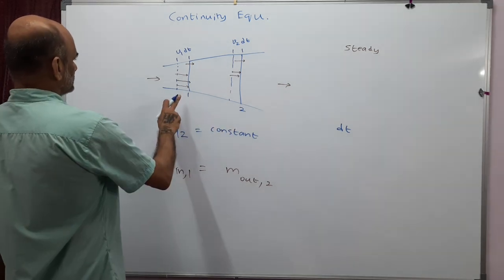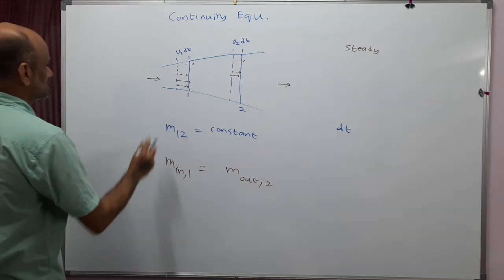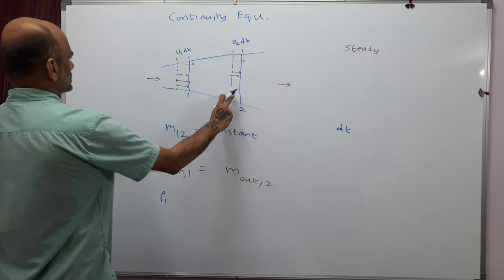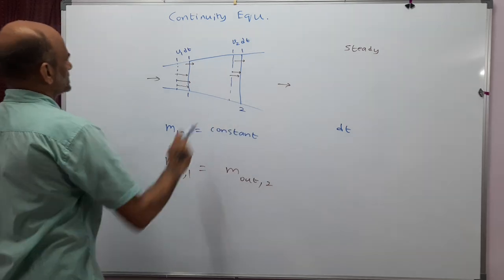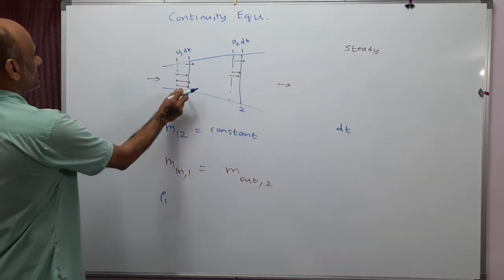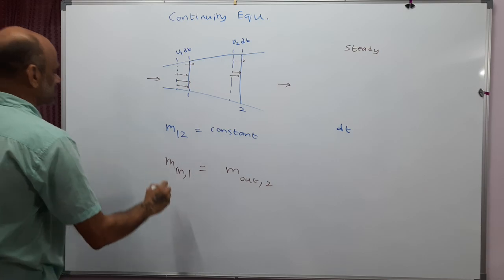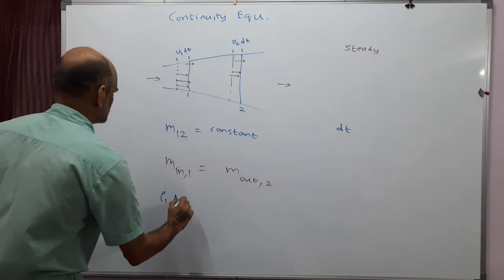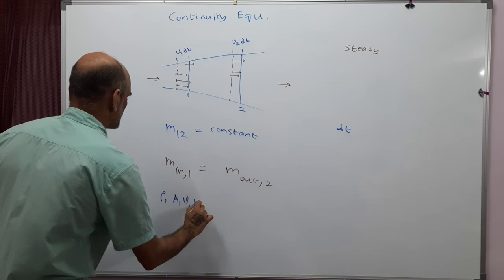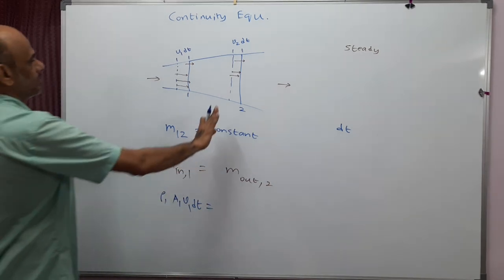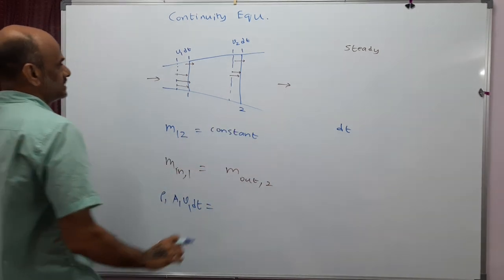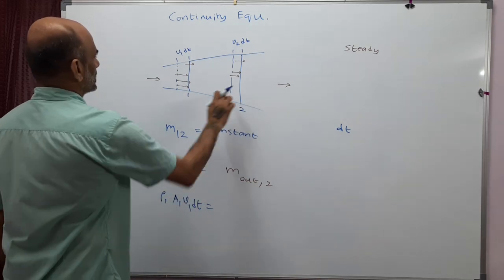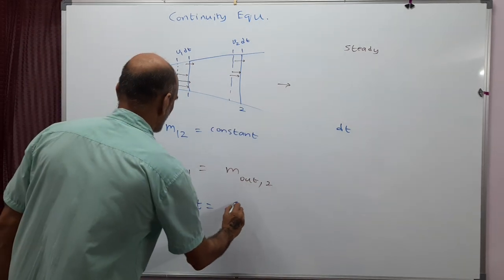So the mass inside this cylinder is density times volume of the cylinder. Density is ρ1, and the density at this section is ρ2, and the volume of the cylinder is area of cross section A1 into the height of the cylinder, v1 dt. That should be equal to the mass that is crossing section 2, that is the volume of this cylinder into the density of the liquid at this location, ρ2.